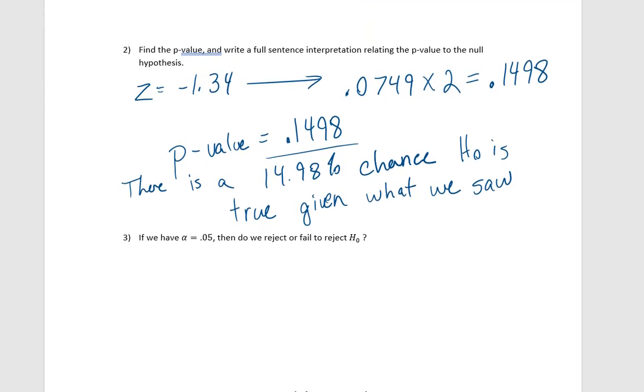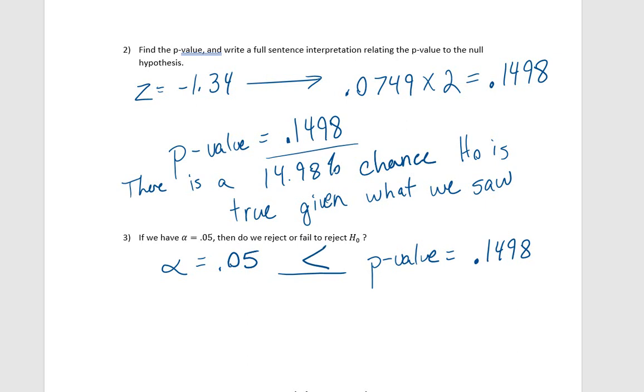So if we set our significance level at the beginning to 0.05, then do we reject or fail to reject H0? Well, remember, alpha equals 0.05. The question is, is that greater than or less than our p-value, which is 0.1498? So the p-value is actually greater.